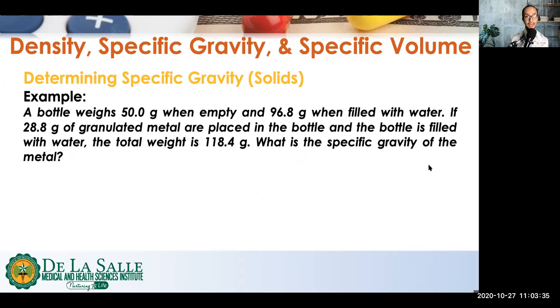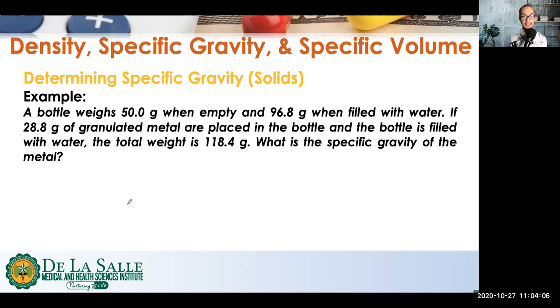A bottle weighs 50 grams when empty and 96.8 grams when filled with water. If 28.8 grams of granulated metal are placed in the bottle and the bottle is filled with water, the total weight is 118.4 grams. What is the specific gravity of the metal? Take note that when the metal is put in the specific gravity bottle, the same as your pycnometer or volumetric flask, it occupies a space.